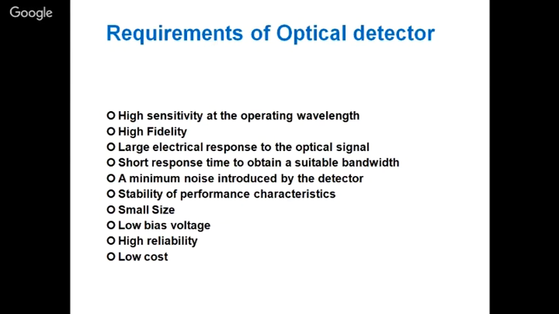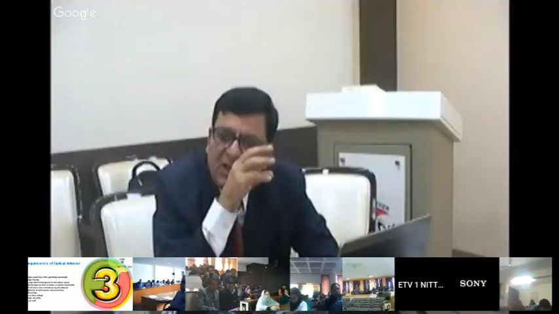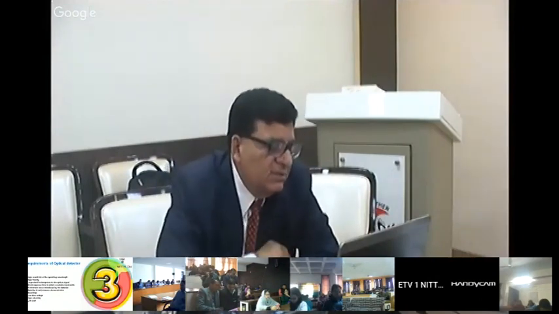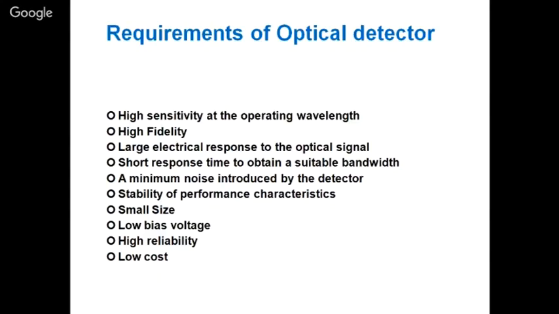Some people see things even if they are not there. I tell you, there is light, there is no light, there is no light, but after some time they will say there is light anyway. So it should not be like that. It should not have noise of its own. So dark current should definitely be stable, very stable.